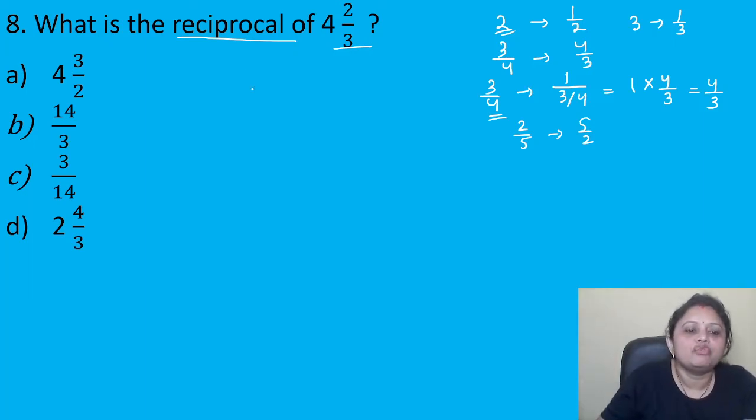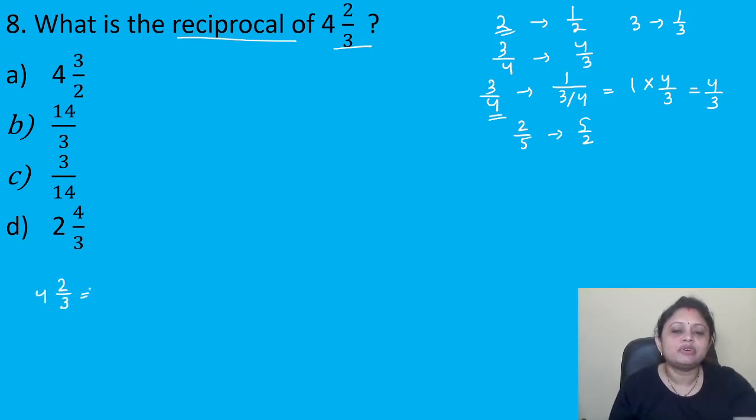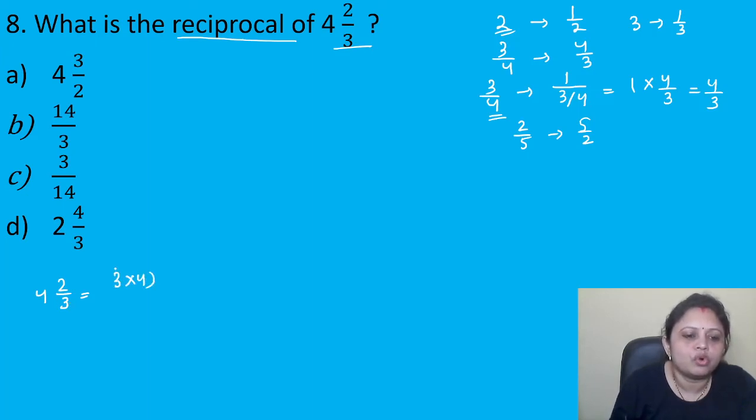Okay. So we have to find the reciprocal of 4 whole 2 by 3. First, we know it is a mixed fraction, so we have to convert it into an improper fraction. That will be 3 into 4 plus 2 by 3, that is 12 plus 2 by 3, equal to 14 by 3.